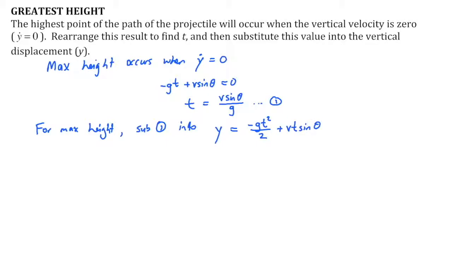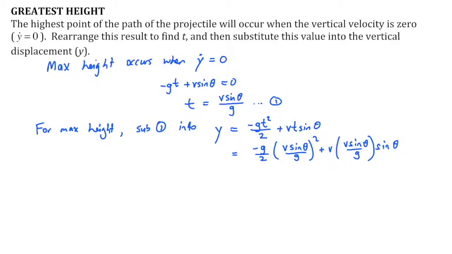So where I see a t, it's going to become minus g over 2, and the t gets squared, so it's v sine theta over g squared, plus v sine theta over g, sine theta. Wow, that looks like quite a mess.